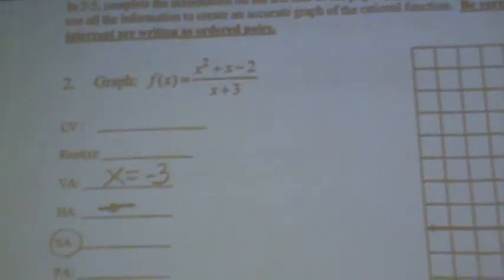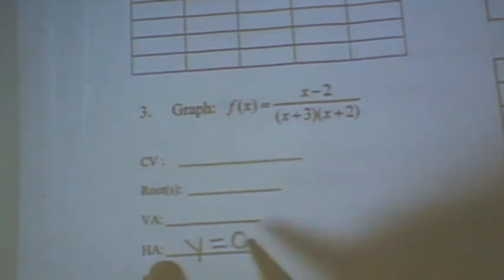If it's bottom heavy, what does bottom heavy mean? It has a higher degree on the bottom. If it's bottom heavy, like problem number 3, what's the horizontal asymptote? y equals 0. This is bottom heavy. It's a weak asymptote.